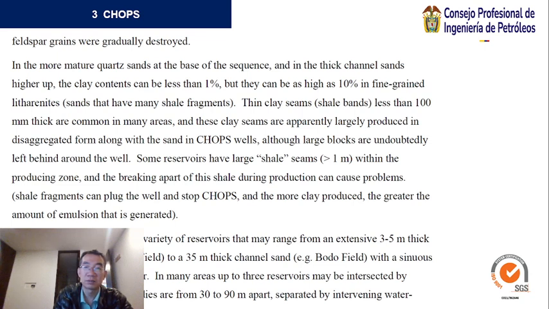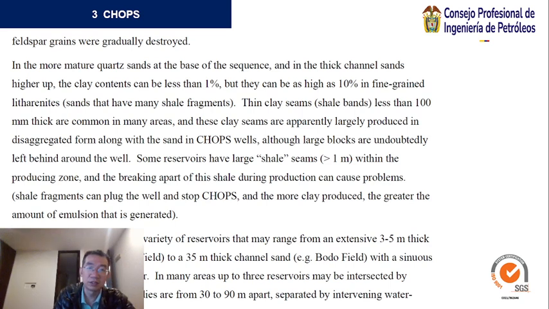Thin clay seams, less than 100 mm thick, are common in many areas, and these clay seams are apparently largely produced in disaggregated form along with the sand in CHOPS wells, although large blocks are undoubtedly left behind around the wellbore.